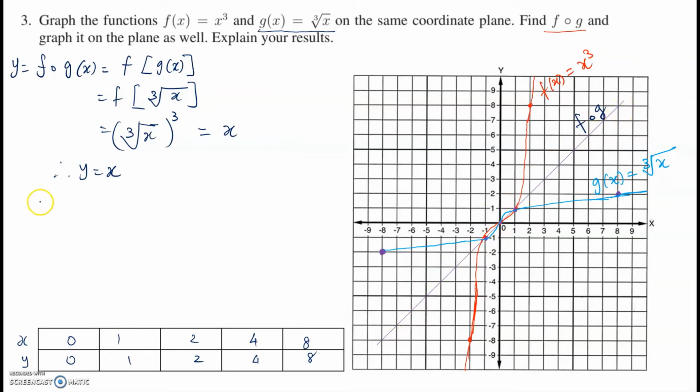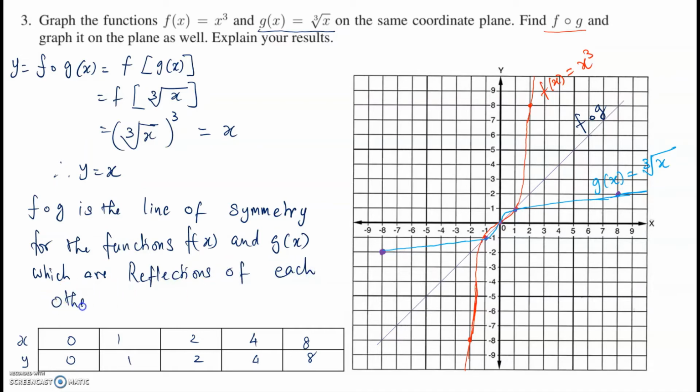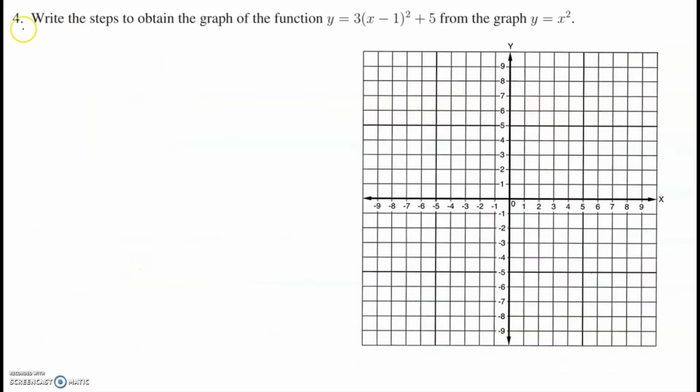So by inference you can say that f of g is the line of symmetry for the functions f of x and g of x which are reflections of each other. Right?